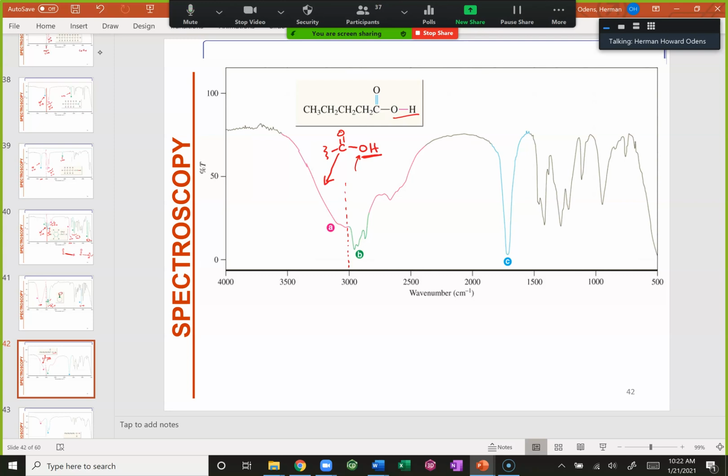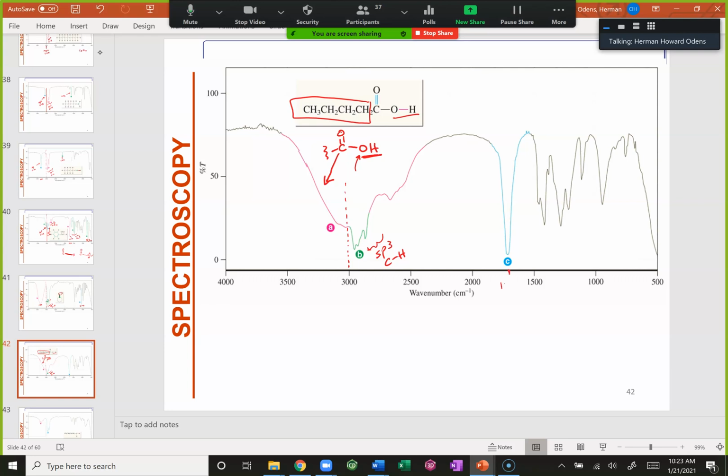So anyways, to represent a carboxylic acid functional group, you have to write the entire carboxylic acid functional group here for the V shape. Next, all of these here are sp3 CHs, and you have a carbonyl. What is the peak for carboxylic acid? I remember 1710. Yes, 1710 is the lowest.